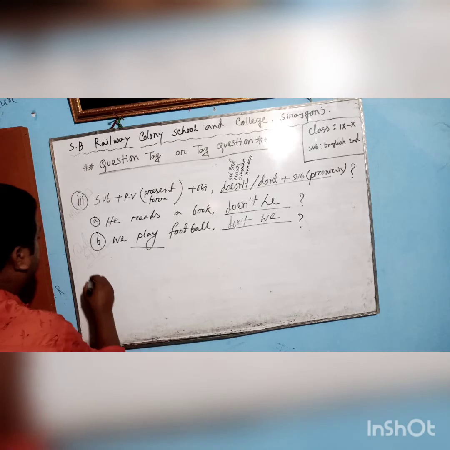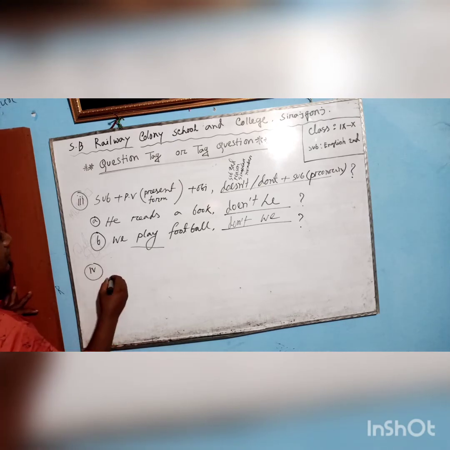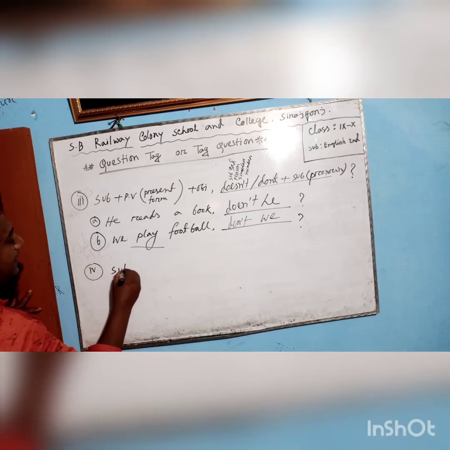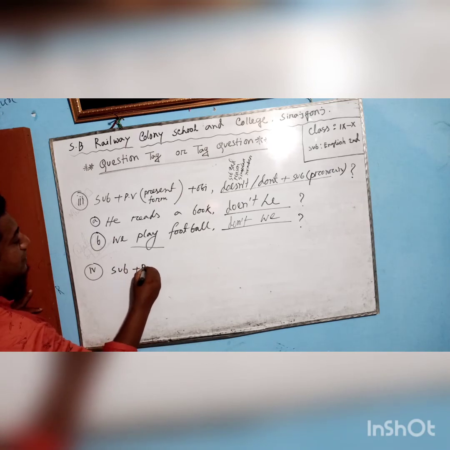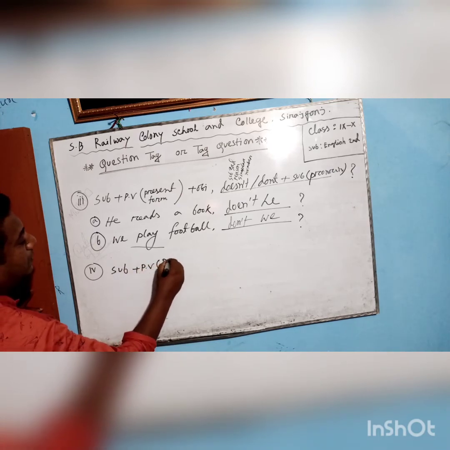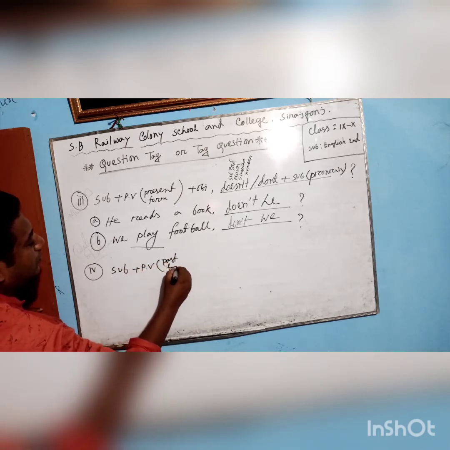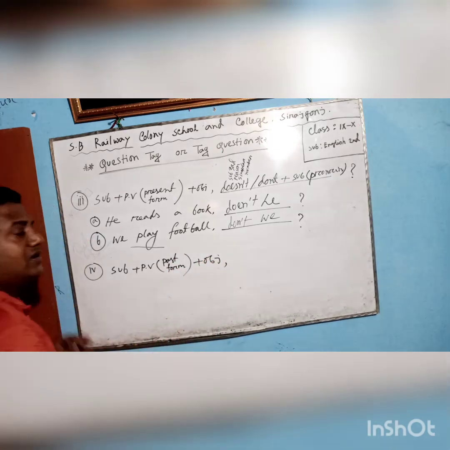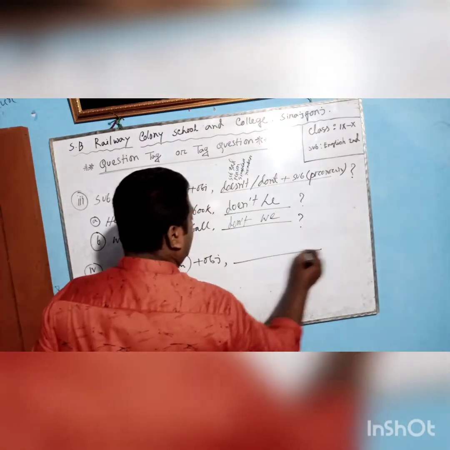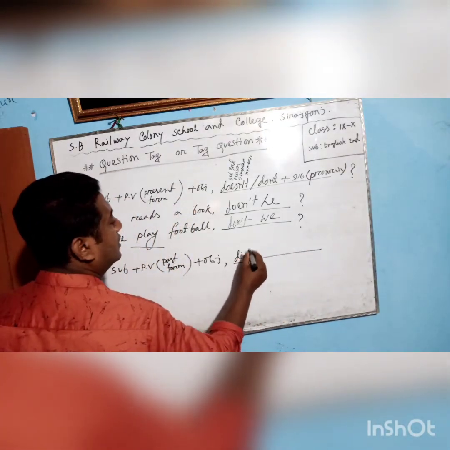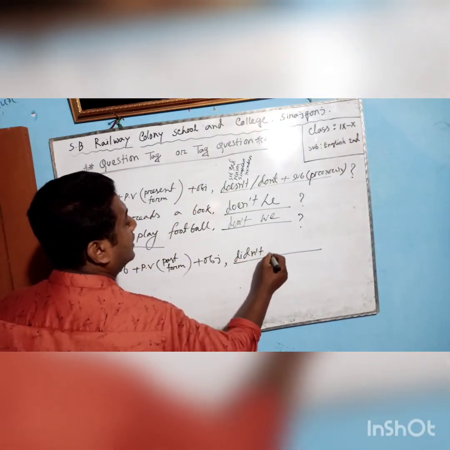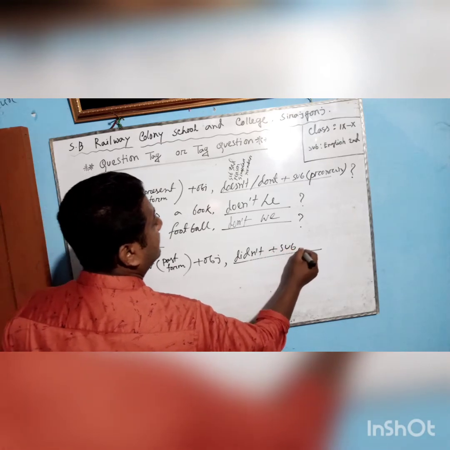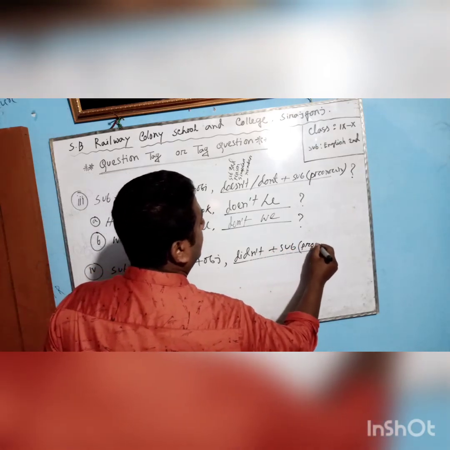And our fourth rule is, obviously, past indefinite: subject plus PV past form plus object. This is very easy. You use didn't plus subject pronoun.